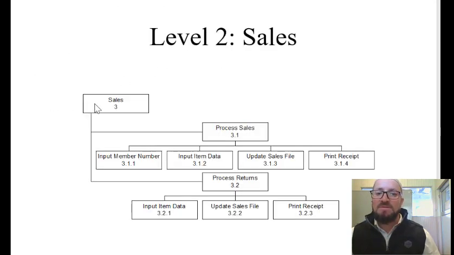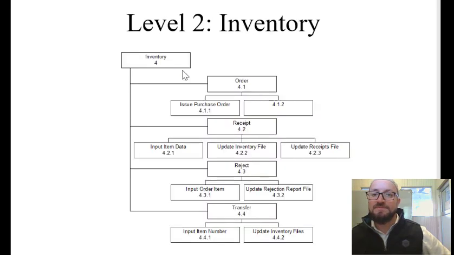Same is with sales, which was at number 3. 3.1 was process sales, and 3.2 was process returns. And process sales itself has sub processes like input member number, input item data, and so on. And in the same way we got inventory, which has order, receipt, reject, and transfer. Okay, 4 sub processes.